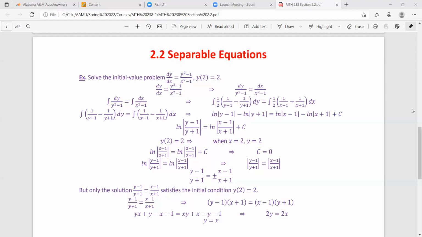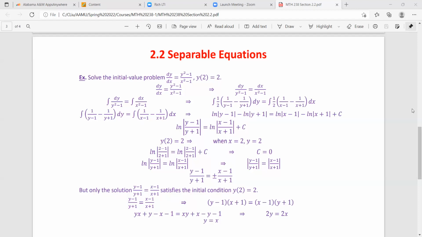And on the right, you get the natural log of absolute value of 2 minus 1 over 2 plus 1 plus c. So you can see those two natural logs, one on the left and one on the right, are exactly the same. Okay, 2 minus 1 is just 1. So you get natural log of 1/3 on the left and the natural log of 1/3 on the right. So they cancel completely. So that leaves c equal to 0. Okay. So the solution to the initial value problem is actually the two natural logs equal.